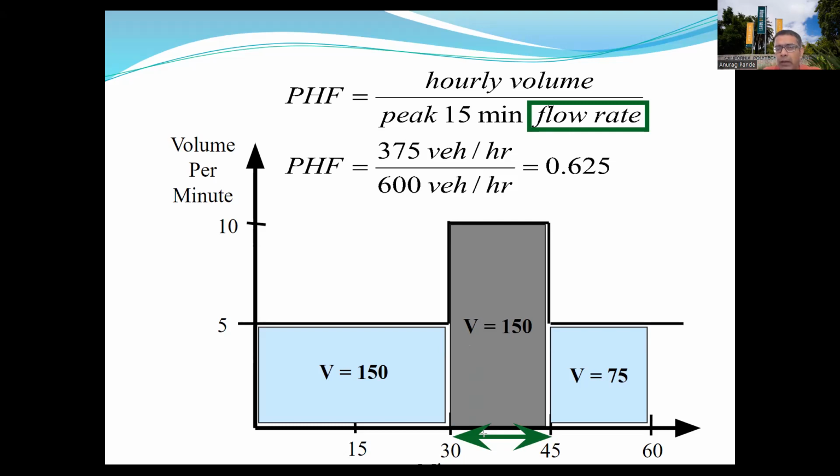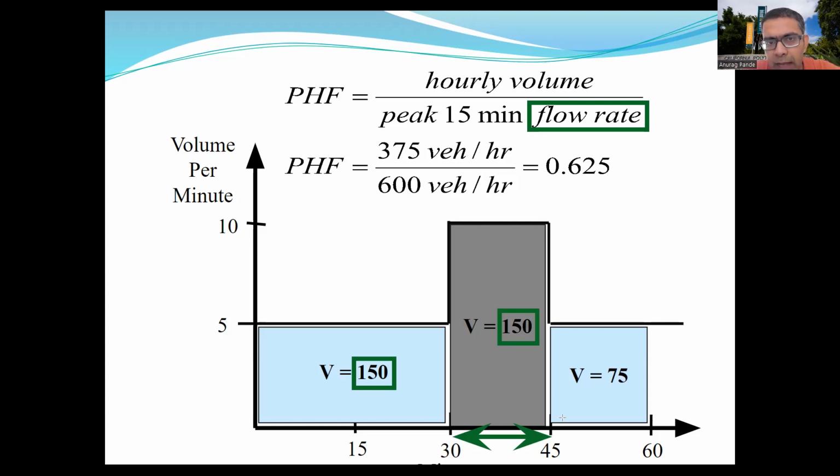Where did that 150 come from? For 30 minutes, 5 vehicles per minute came in, so in 30 minutes, 150 vehicles came in. For the next 15 minutes, 10 vehicles per minute came in, so another 150 came in.